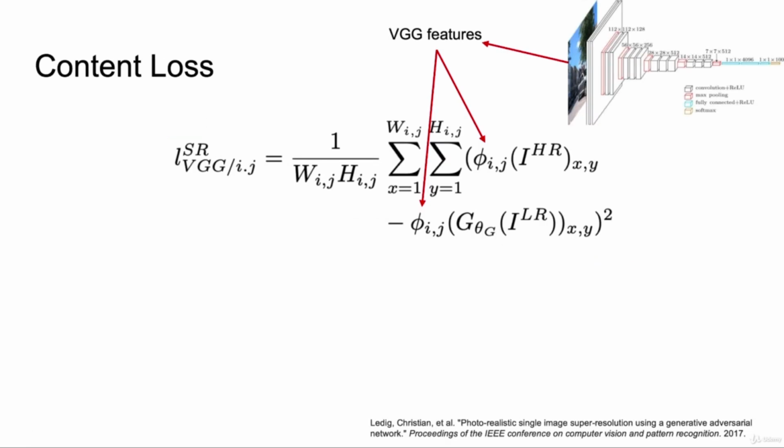So they extract features from the high resolution image from the dataset, and also they extract features from the generator's output from the low resolution image. So this is the high resolution original from the dataset, and this image is synthetic, but also it is super resolution. And they took the square difference between them, which is Euclidean loss. They average it over the images, and this is what is called content loss.